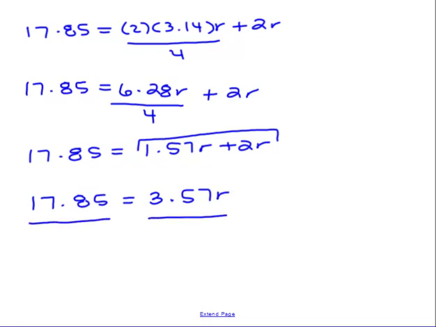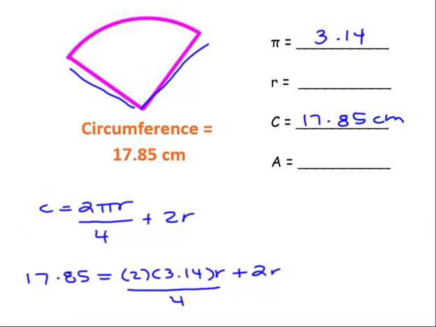I'm going to divide both sides by 3.57. So I have 17.85 divided by 3.57, and that's going to give me a radius of 5. So 5 centimeters.